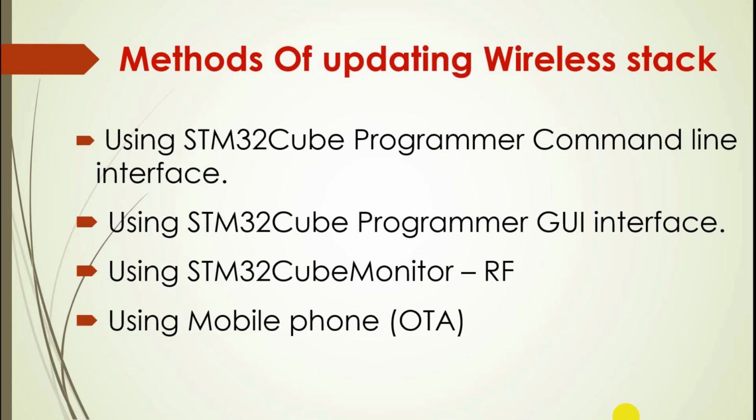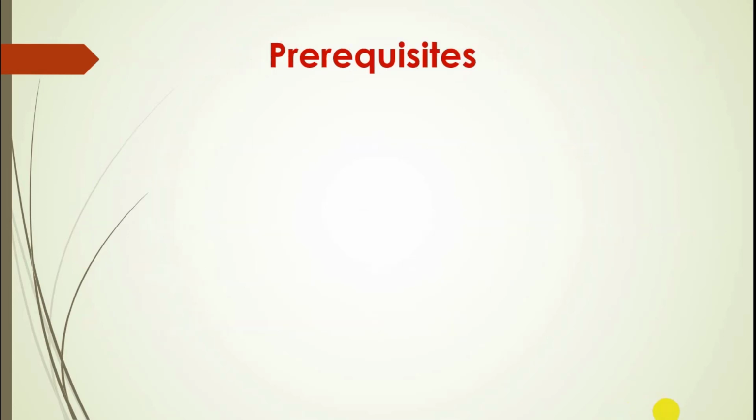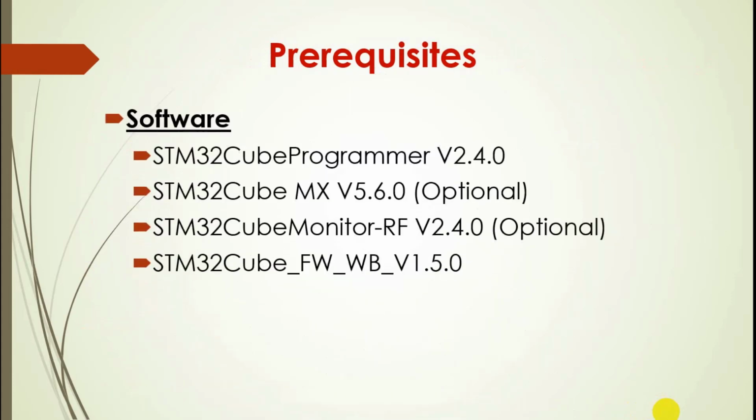Before we start with the actual hands-on, we need to have some software. These are the prerequisites. You need STM32CubeProgrammer version 2.4, which is the latest as of today. You can also use previous versions, but they may have some limitations, so I recommend using 2.4 and above. You can also install STM32CubeMX version 6.0, which is the latest as of today.